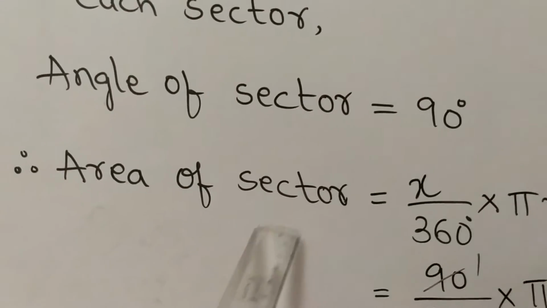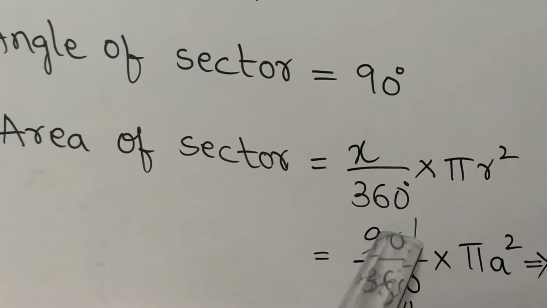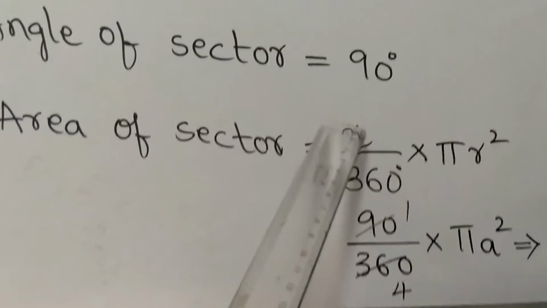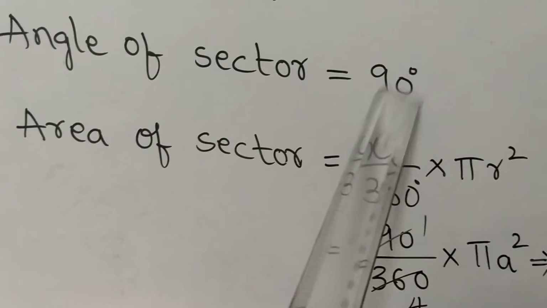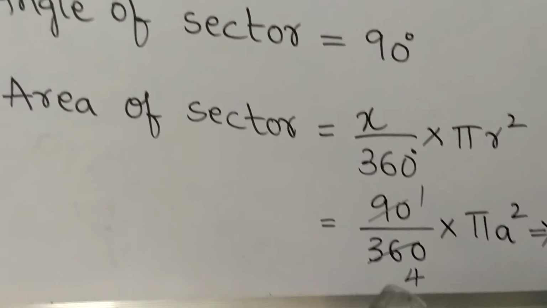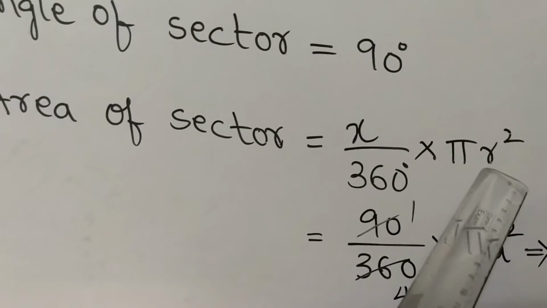And the area of the sector we are finding now. So the area of a sector formula is x by 360 into pi r squared. So here the x value is the angle of the sector, students, this angle we have to take as 90, so 90 by 360 into pi r squared. What is the r value, students?